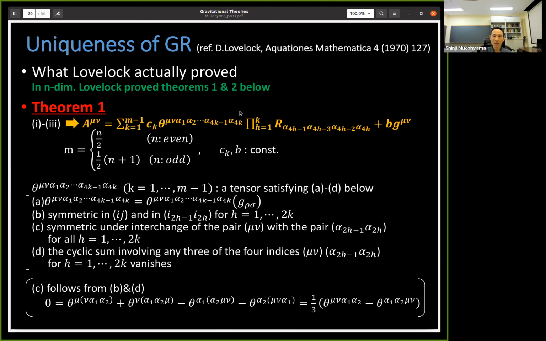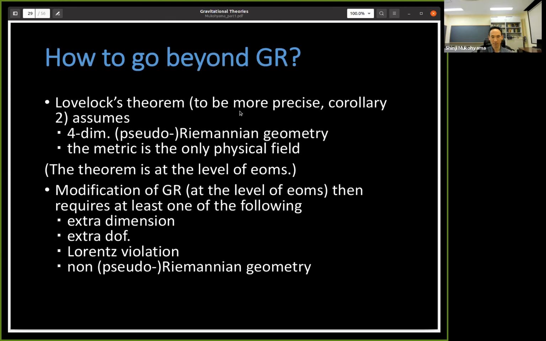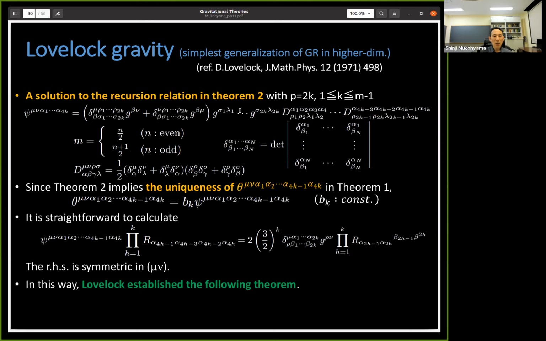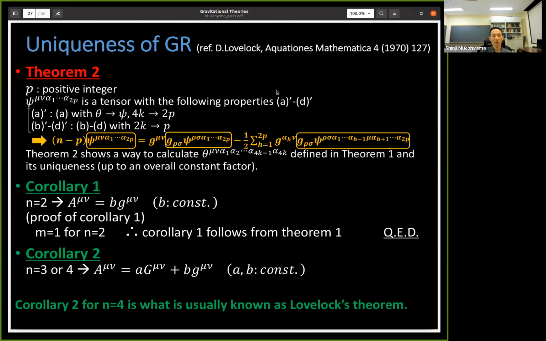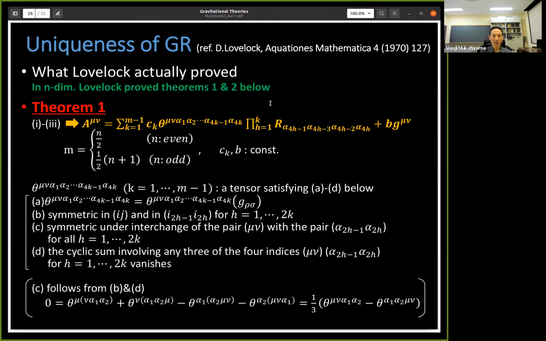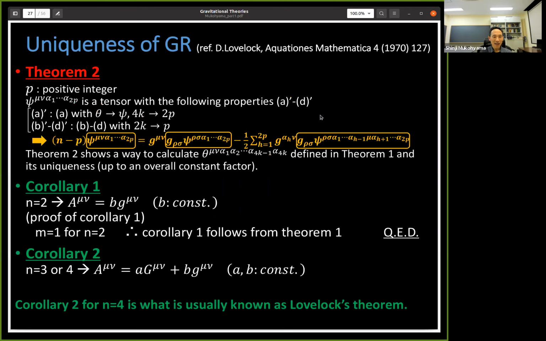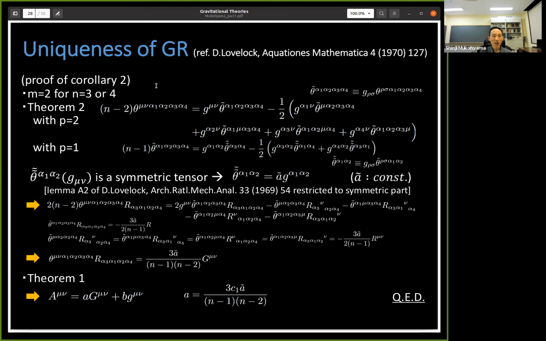So we have more terms as we go up to higher dimensions. Also, by combining theorem 2 with theorem 1, we can in principle compute this combination. But as I showed here, for n equals 3 and 4, this is a bit complicated.